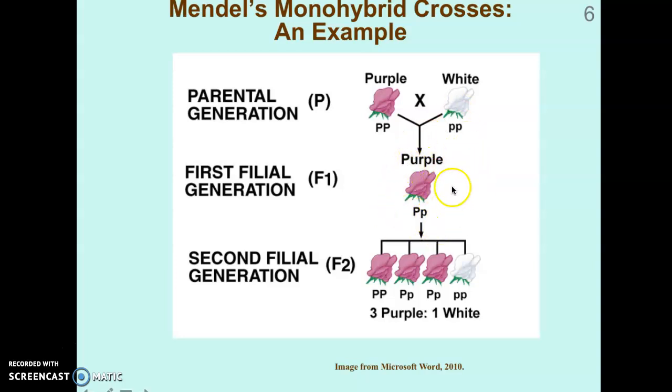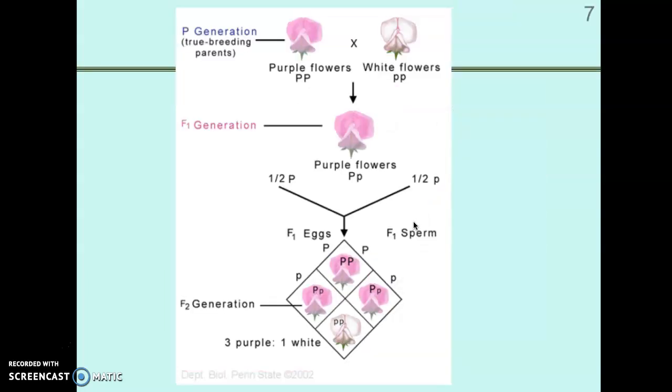And then with this particular plant, what could it possibly give its offspring? Well, it could be what we call homozygous dominant again. It could be homozygous recessive, or it could give off its own wonderful genotype as a big P and a little p. So this is what we call a monohybrid cross, and we'll do another one of these later on in the PowerPoint. But here's another example of this.